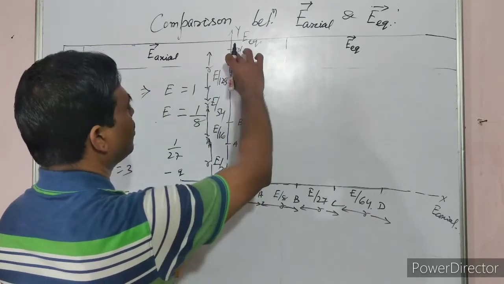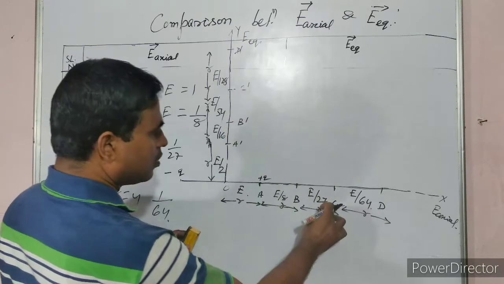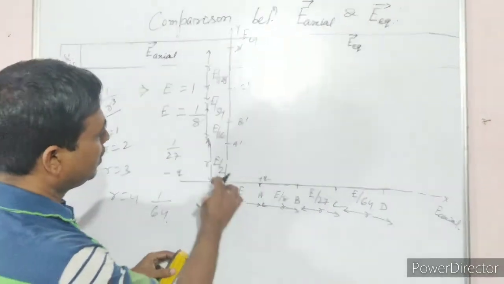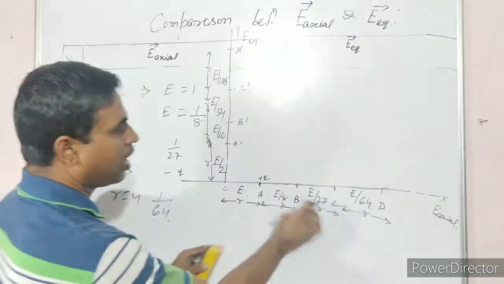I think it is correct. Is there anything wrong? E by 2, half of this one, half of this one.